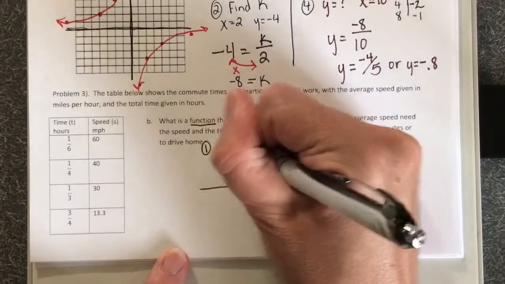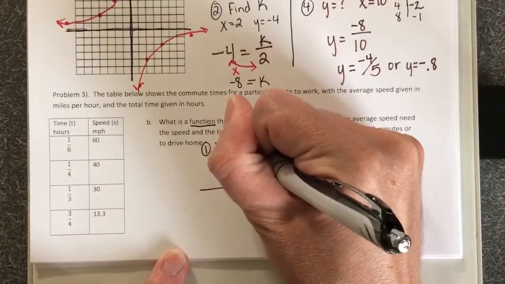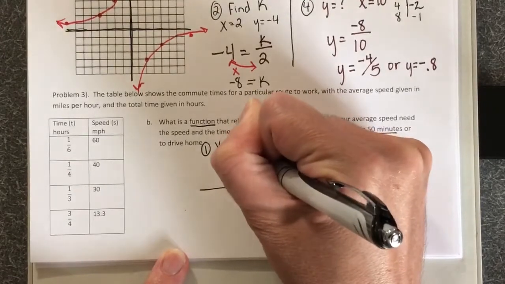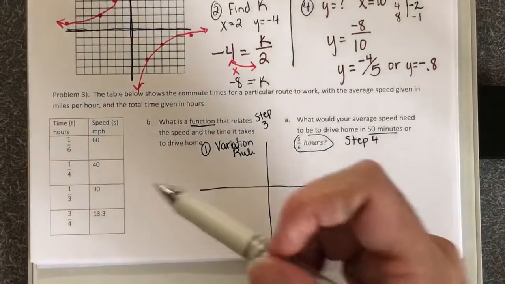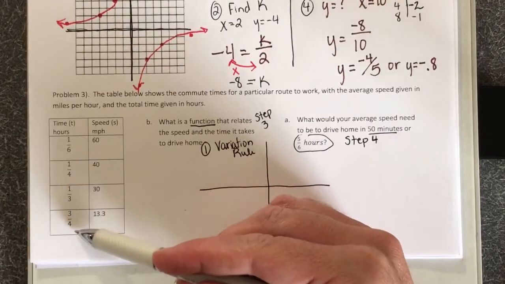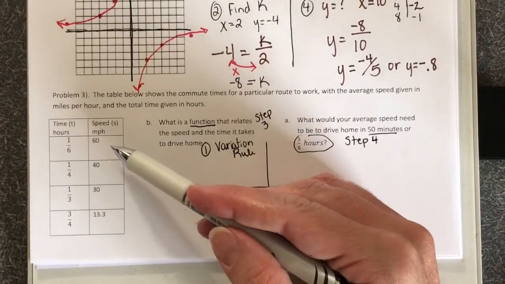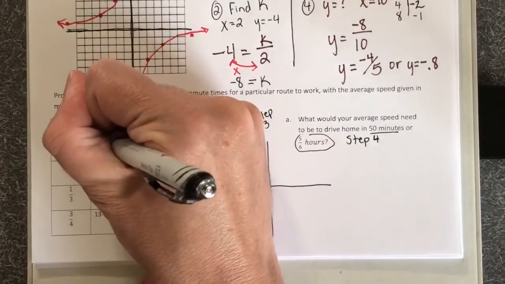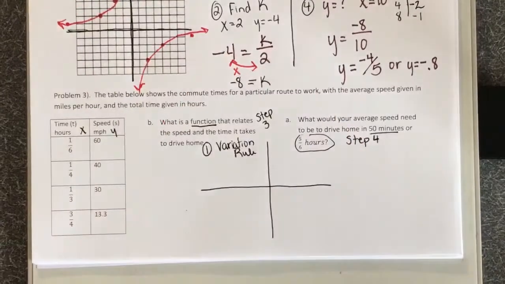So my first step is my variation rule. Well, I have to decide what type of variation we are looking at. So notice how my x's are getting bigger, and notice how my y's are getting smaller. If it helps, you can call this x and you can call this y, or you can keep the letters that you see.